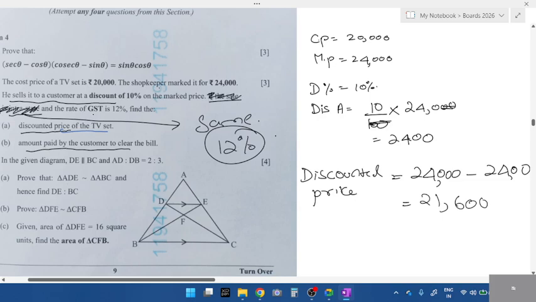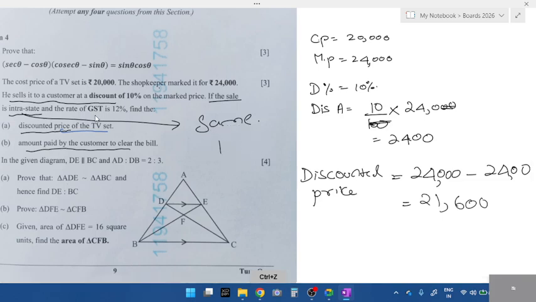Have they asked us to find GST, CGST, or SGST? They have actually asked us to find GST, so it actually doesn't matter. Only to confuse students, they give it.